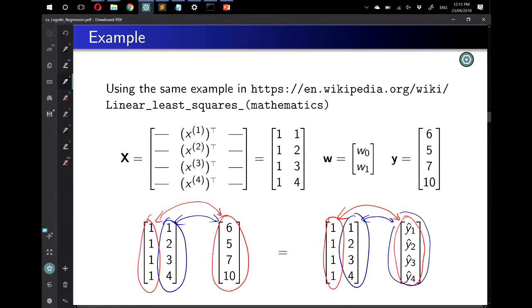And you can see that later in logistic regression, we essentially have the same thing. The only difference is that here, the ground truth value is going to be a numerical value. So each component here belongs to R, the real domain. Later, when we talk about logistic regression, this is not going to be a numerical value.